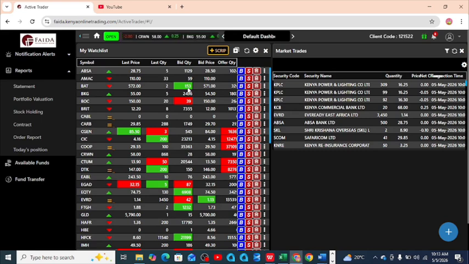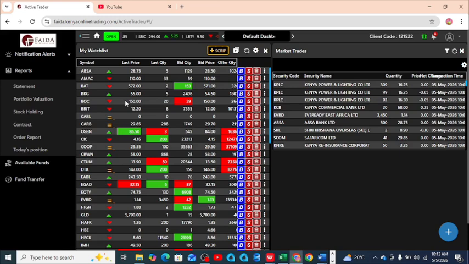When we come to BOC, the bid quantity is represented in red, which symbolizes that there are more sellers willing to sell than there are buyers willing to buy these shares. So this is how we do this simple interpretation.